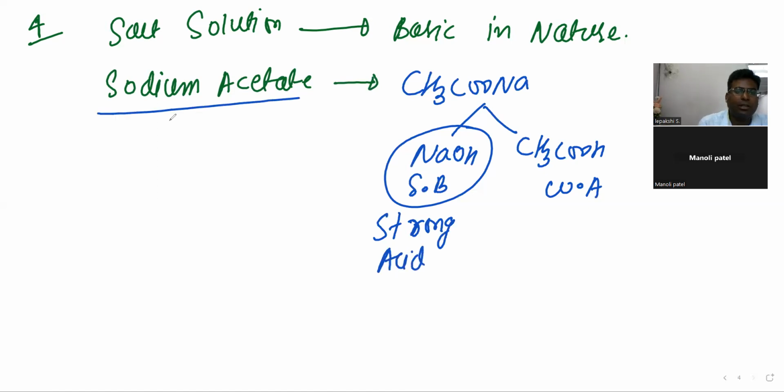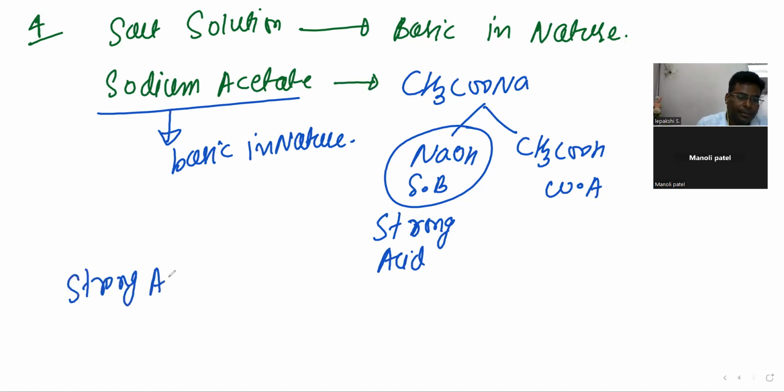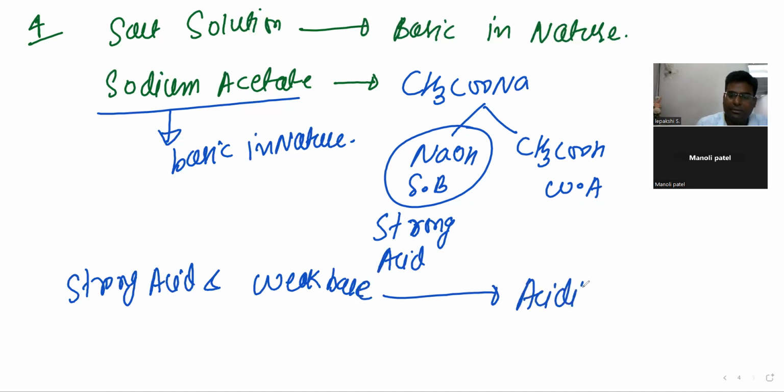So this solution, sodium acetate, is basic in nature due to a strong base. All the other given salts are of strong acid and weak base, so they all form acidic solutions, right? The other options come from strong acid and weak base, so they will form acidic solutions.